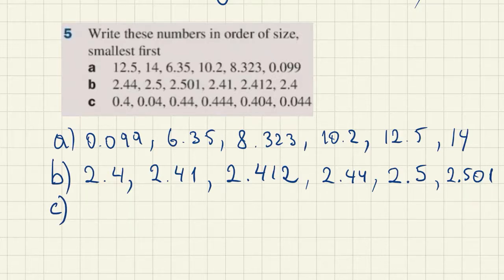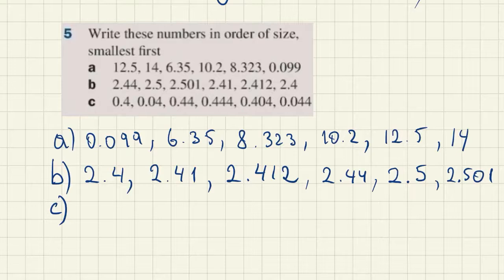Let's try this together. So we have 0.4, 0.04, 0.44, and they look so similar. This is so confusing, right? They all have 0 in them, so the whole part does not help us at all. And so what we have to look at next is the tenths.